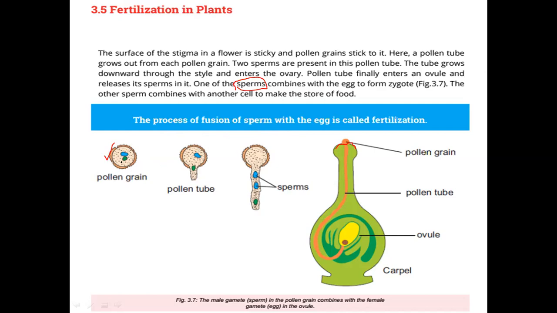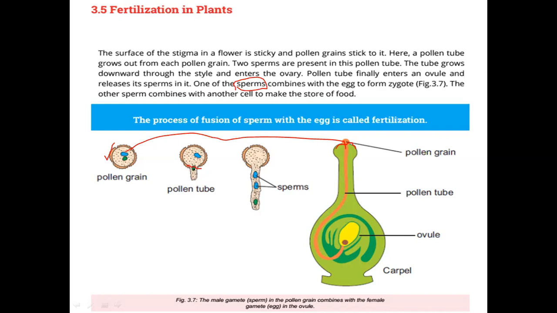So what happens when this pollen grain jumps over it? It starts to release a pollen tube here. The membrane which is present here degenerates or is broken down by some chemicals, and a pollen tube is formed.